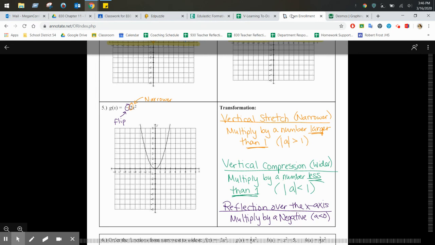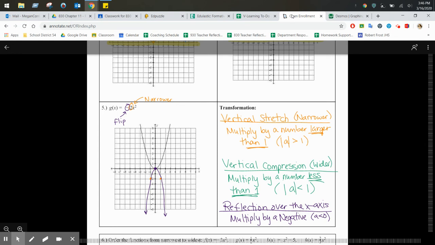So if I think about what that's going to be, my vertex is going to be in the same spot. It's going to be opening down instead of opening up, but I'm going to have it skinnier than the original by a factor of 2. So it would go over 1 and down 2 instead of over 1 and down 1 when it flips over. So it's going to go something like this. It's going to get narrower and flip upside down.